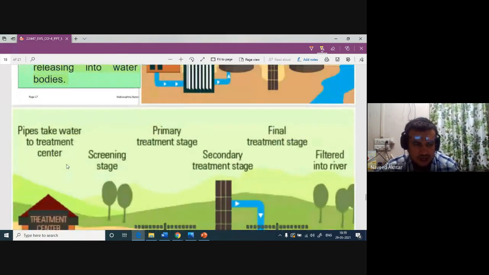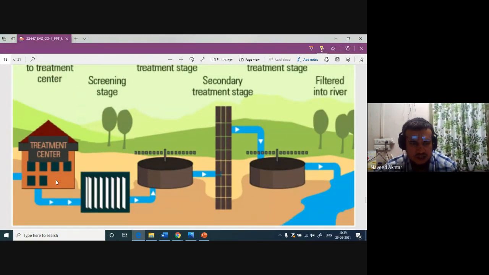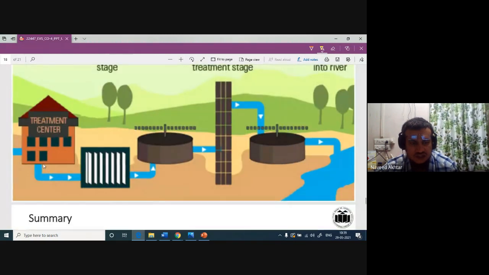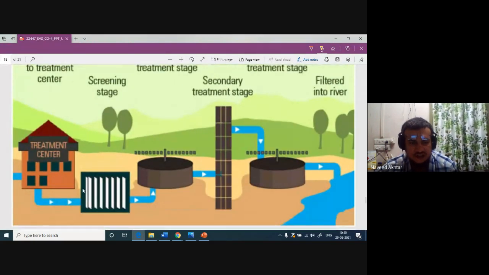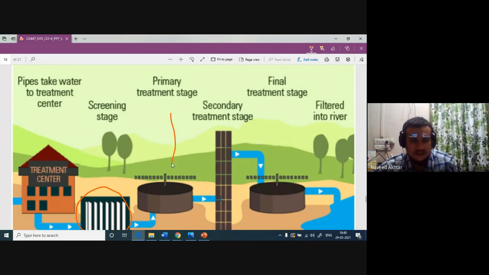Also, pipes take water into treatment. In the treatment of water disposal, the sewage is collected, then screening is done at the screening chamber, and then primary sedimentation tank, the primary treatment stage, then the secondary treatment stage, and the final treatment, that is the tertiary treatment stage, and then the filtered water is discharged to the water bodies.